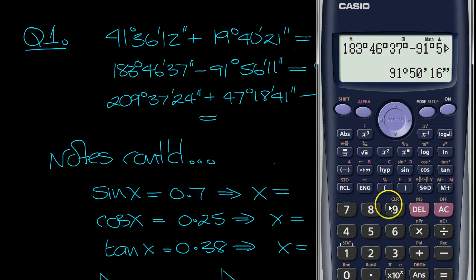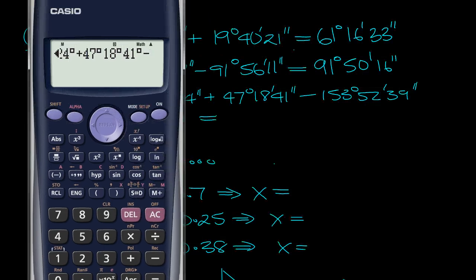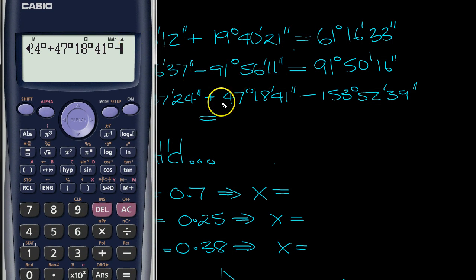Okay, last one then, 209 degrees, 37 minutes, 24 seconds, plus 47 degrees, 18 minutes, 41 seconds, minus, on the last part, is 153 degrees, 52 minutes, 39 seconds.